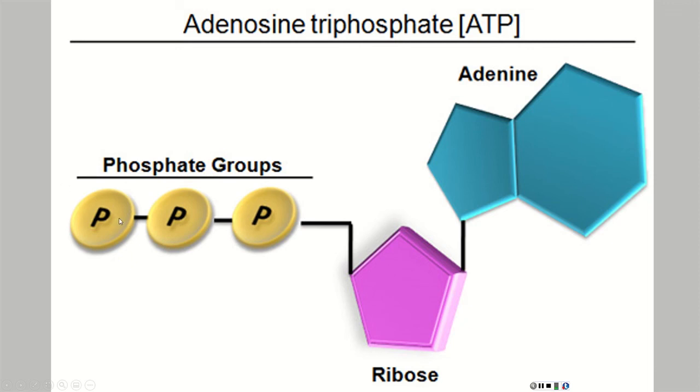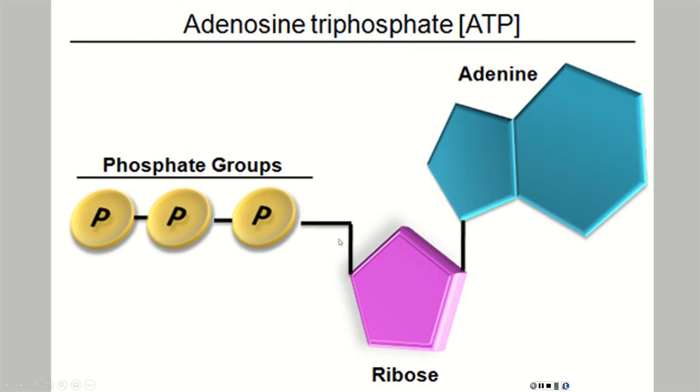When I transfer this phosphate group to another molecule, this bond is broken and energy is released. And that energy can then power a chemical reaction. But once I've taken this phosphate group off, once I've phosphorylated something and released that energy, what am I left with?